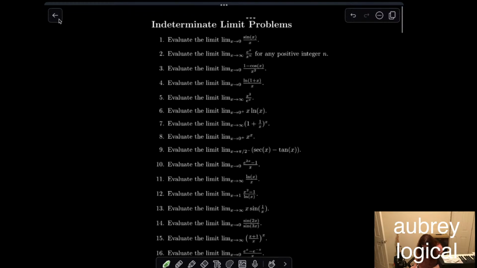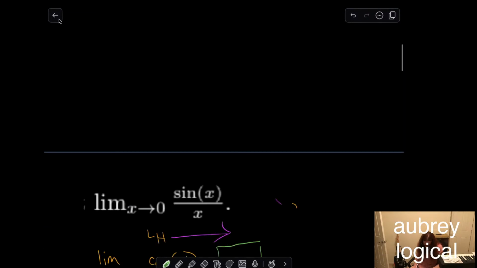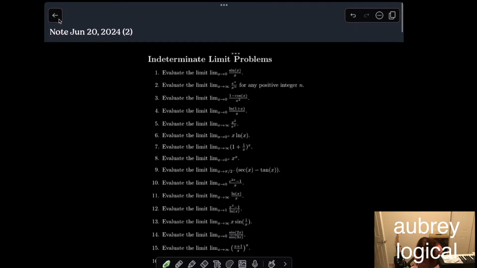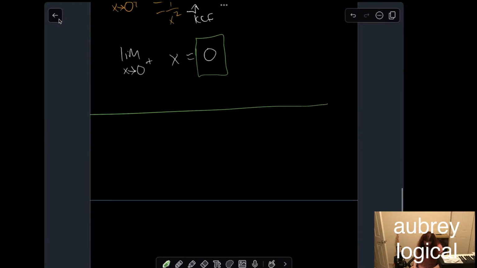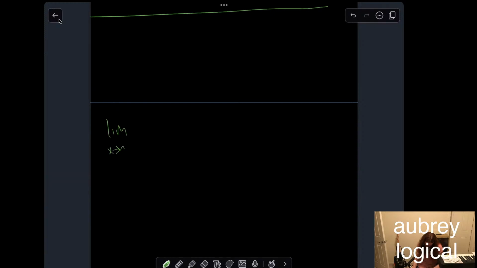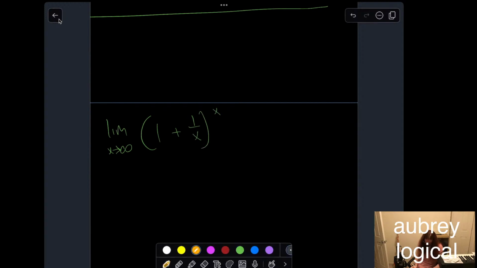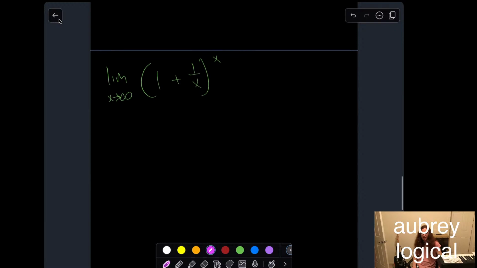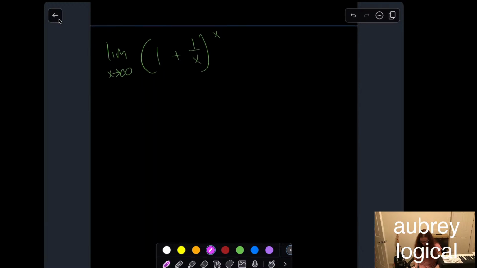We have got 1 plus 1 over x to the x. So a pivotal formula to memorize is b to the a is equal to e to the a natural log of b.